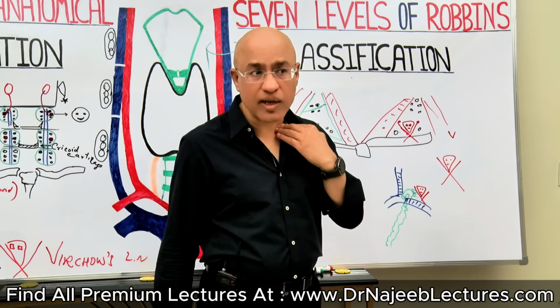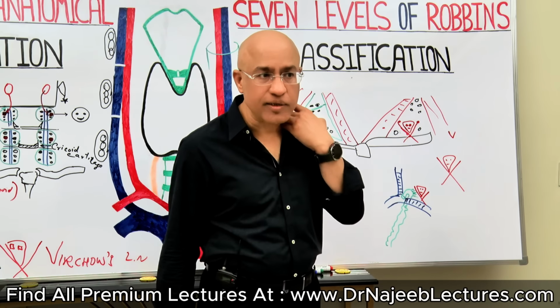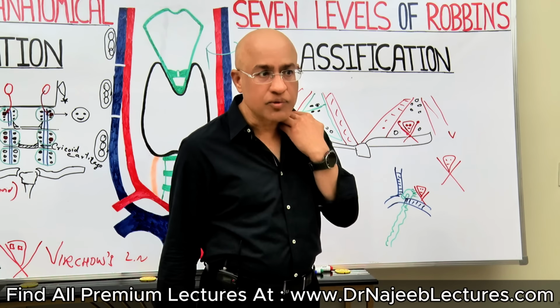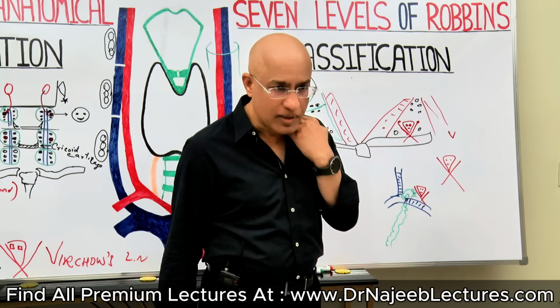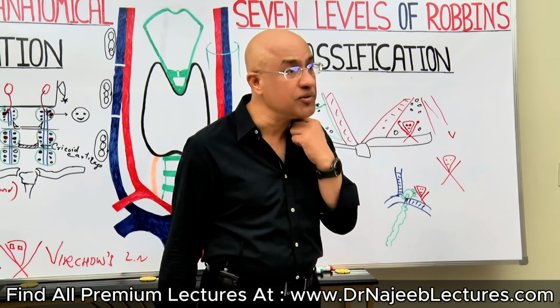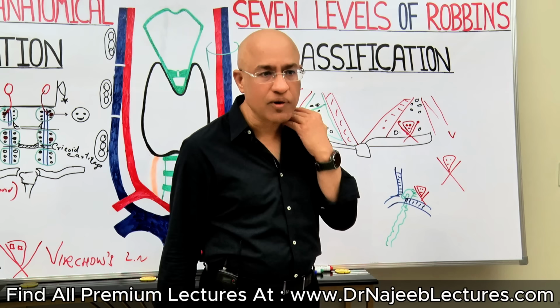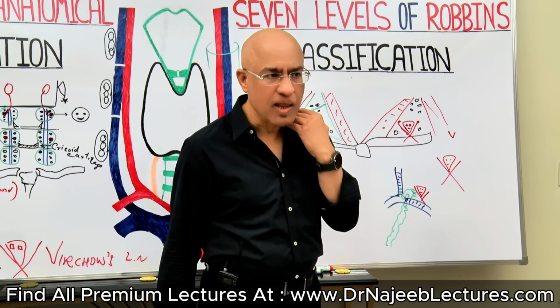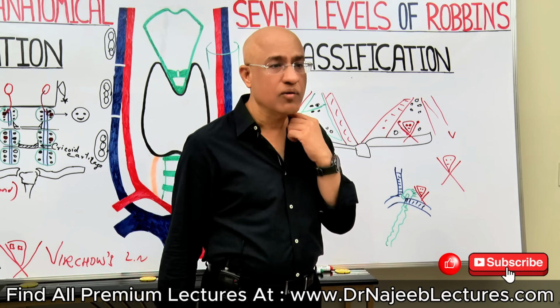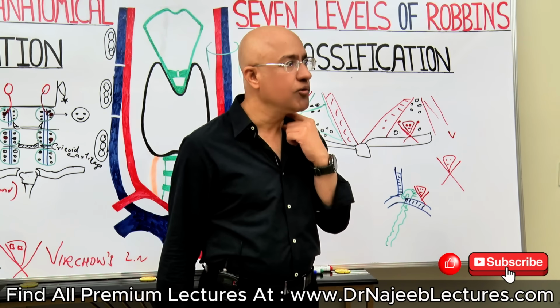In the supraclavicular area, on the left side, if you find a mass or a large lymph node which is not painful, pray that it should be painful because then it might be infection. But if it is not painful and it is hard or firm and it is fixed, this is a big red flag.